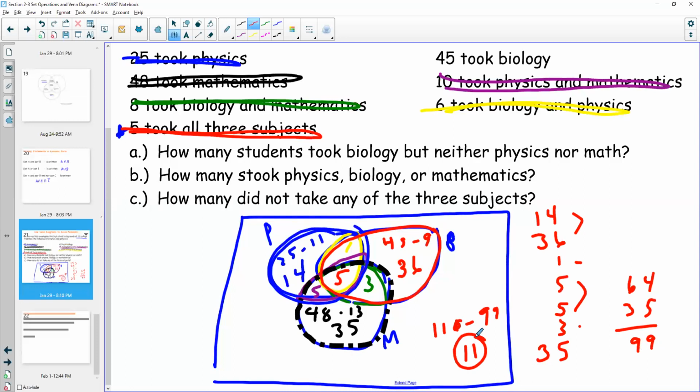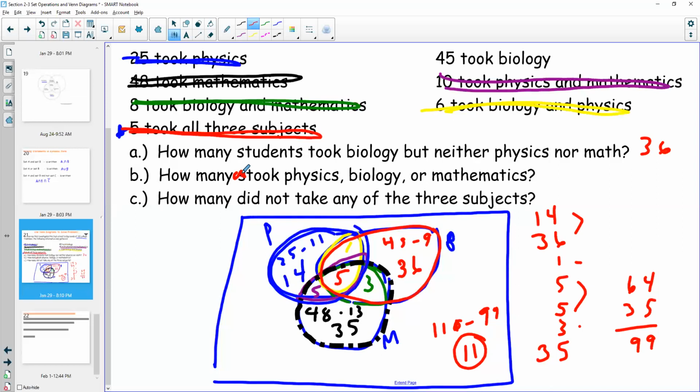So how many kids took bio, but neither physics or math? How many kids only took bio? Well, take a look at the picture. They didn't take physics or math, they only took bio. How many are in there? 36. How many took physics, bio, or math all together?